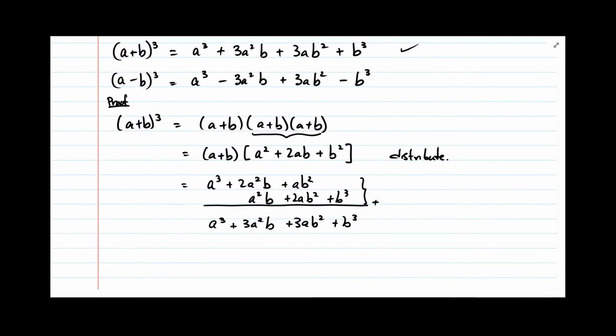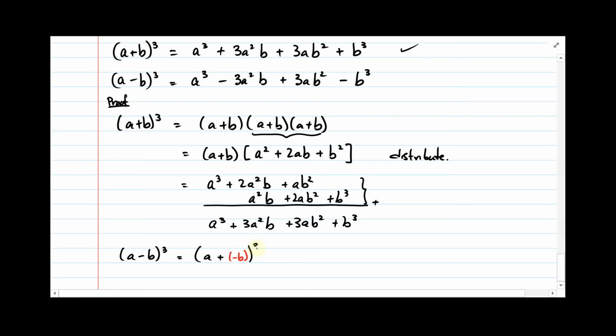Many times we don't want to, we've done so much work there. We want to also prove a minus b cubed. And what we can do is look at this as a plus negative b to the third power.